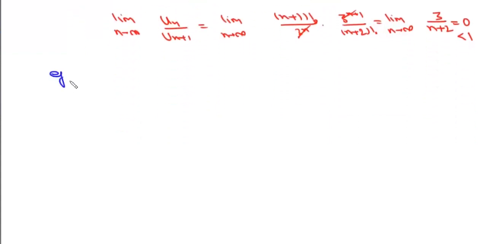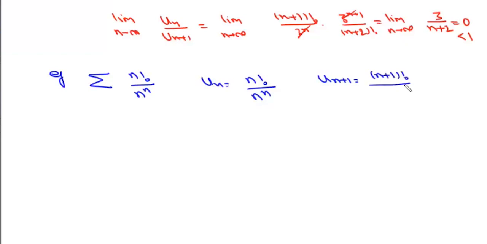Now another example is, suppose you have to check convergence of the series factorial n upon n to the power n. Now in this case, un is factorial n upon n to the power n, and un plus 1 is factorial n plus 1 upon n plus 1 to the power n plus 1.